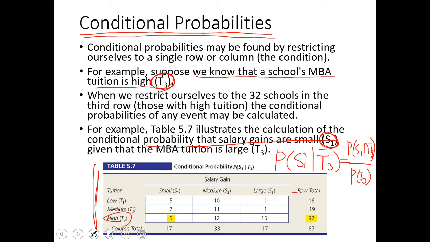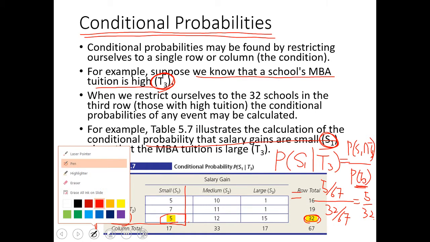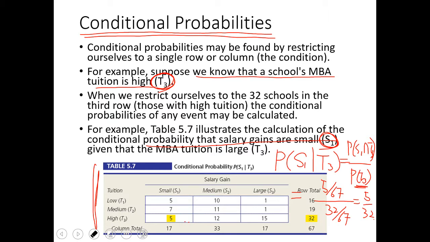So S1 intersection T3 is 5, so 5 over 67, over the probability of T3, which is the marginal probability 32 over 67, and finally we have 5 over 32. Simply, we see the contingency table, and the conditional probability can be obtained from this row.